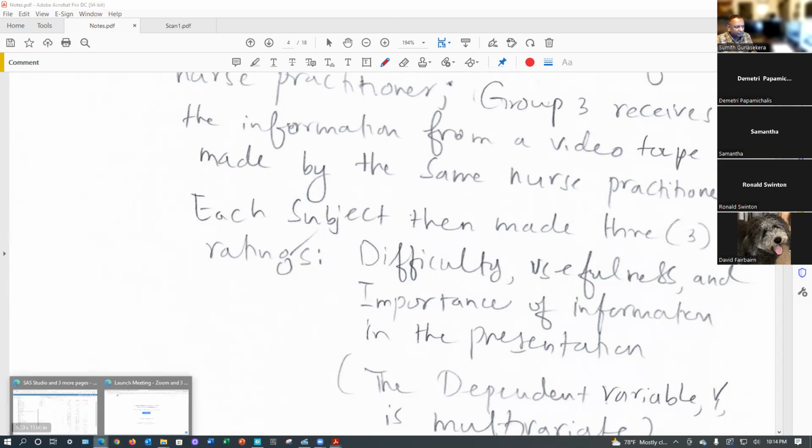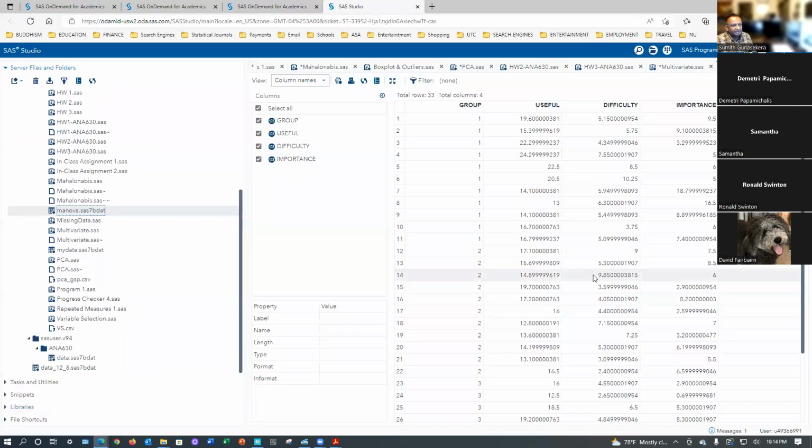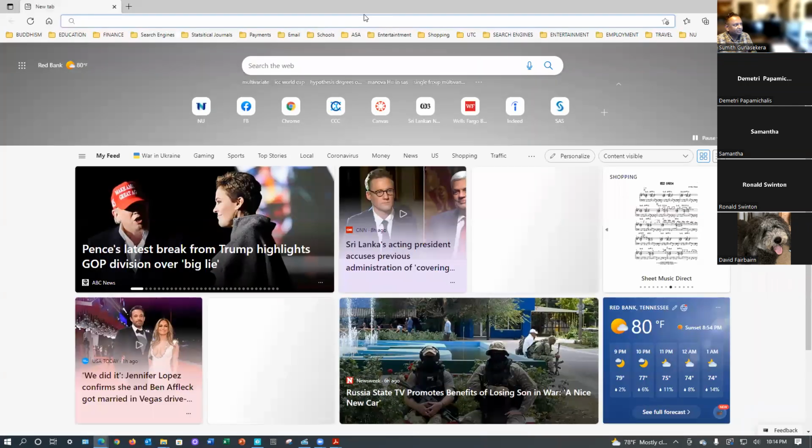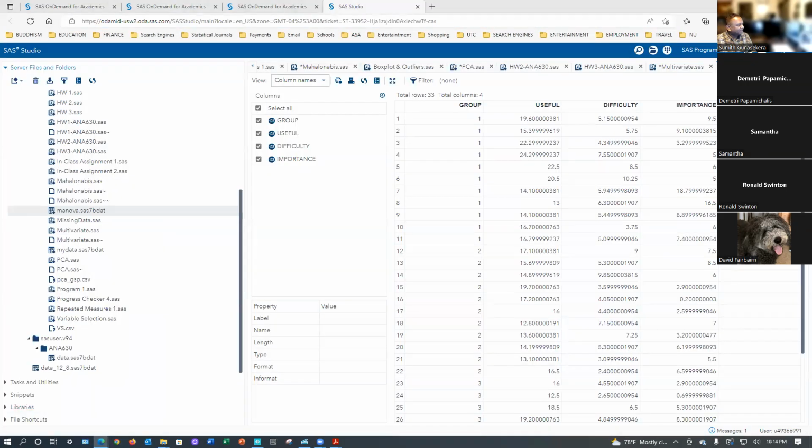Okay, so this is the data. What I'm going to do is put that data in. Load details.